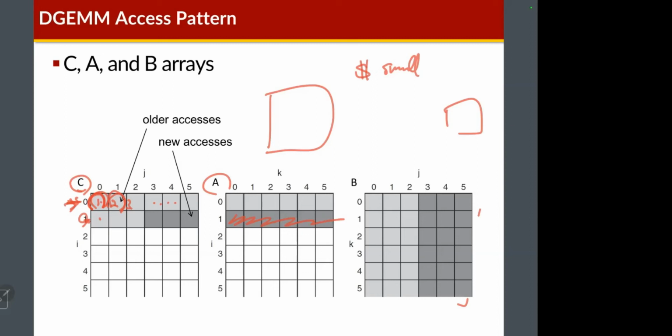If we handle smaller matrices, which means that we split this large matrix into smaller sub-matrices, then we can use the cache more efficiently.